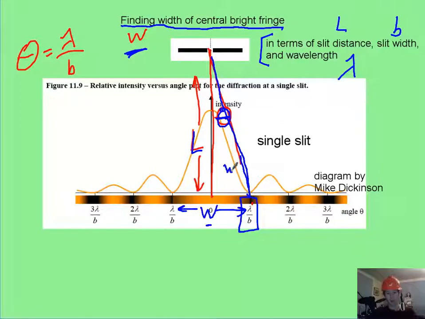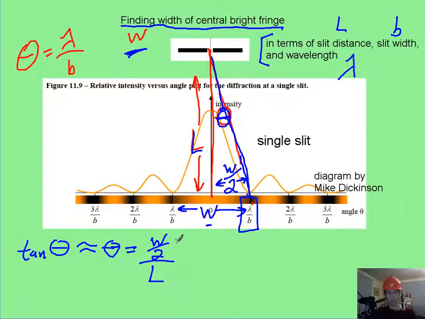Now that means W over 2 is this distance here. If we do some trig, we can say that the tangent of theta, which is equivalent to just theta because of small angle approximation, is opposite over adjacent, which is going to be W over 2 over L. And we can then say that the angle is going to be lambda over b.